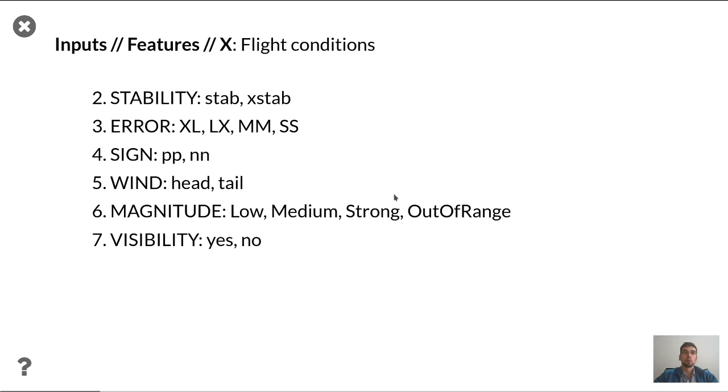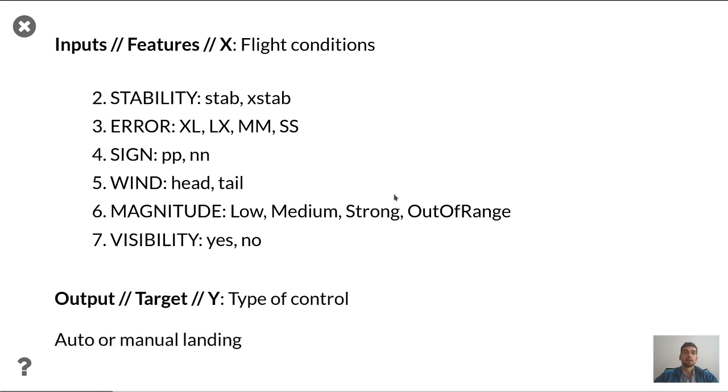We have several variables. Some of these variables are continuous, some are categorical, like visibility, yes or no. But still, this is a set of our features, or X, and our target variable is, as I said, the type of this landing procedure, automatic or manual. It's a binary classification problem.